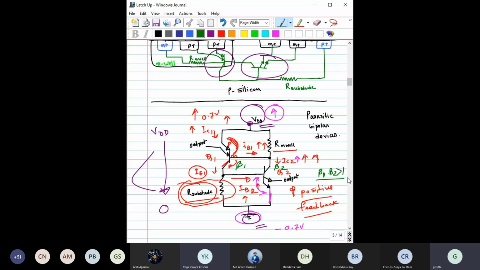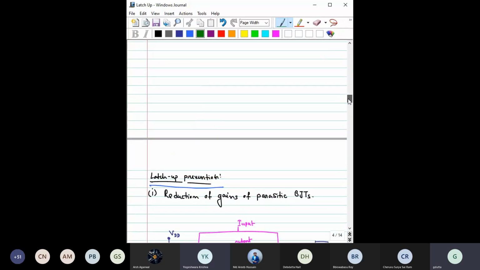If there is no amplification of these charge carriers, then that whole thing would die. So if by some means you can break this relation, that is, lower the values of beta 1 and beta 2, then you could reduce the latch up issue. Now the question is, how can you do that?